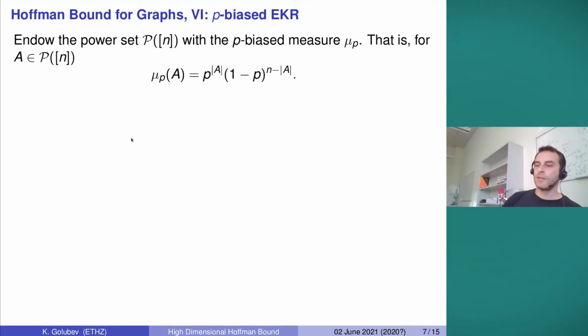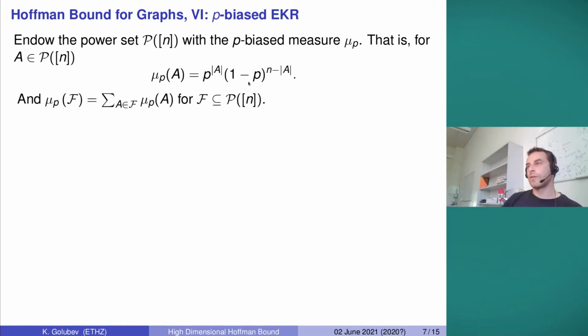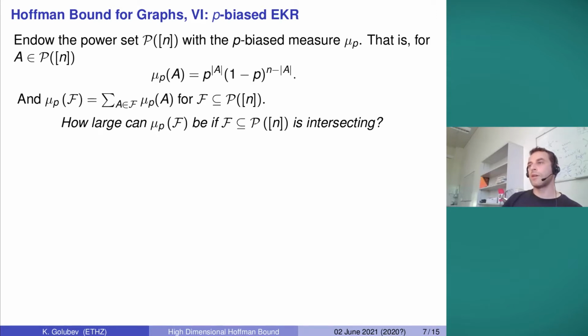Basically we have n elements, and this probability measure means that each element is taken with probability p and not taken with probability 1 minus p. The measure of a family of subsets is the sum of the measures. And so the question is, how large can a family of sets be in this setting if it's intersecting?